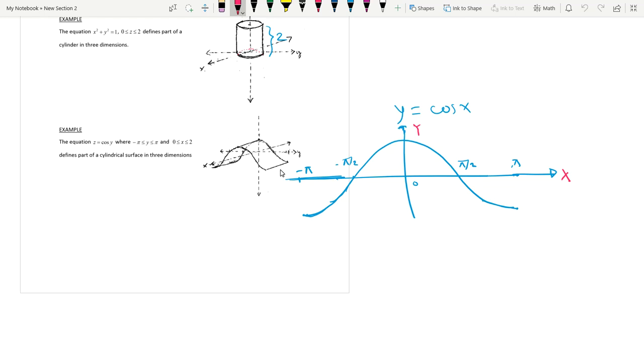Now if you consider y equals cosine x between negative pi and positive pi, the graph is like this. In the 3 dimension system, it would be a cylindrical surface and the shape would be this type, the same.